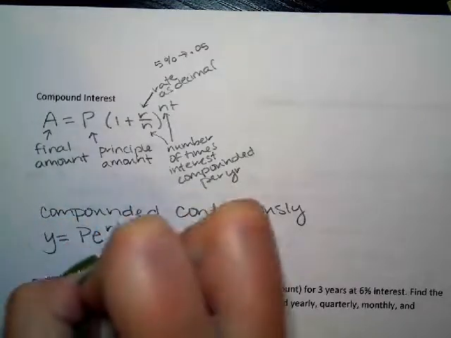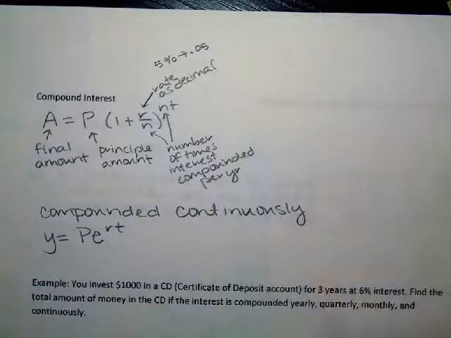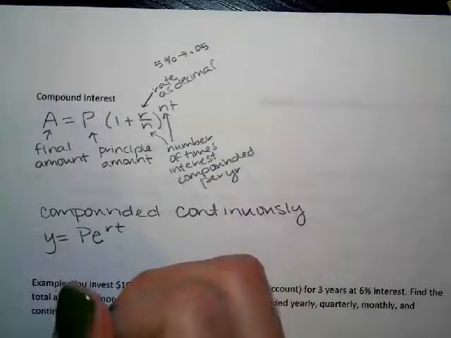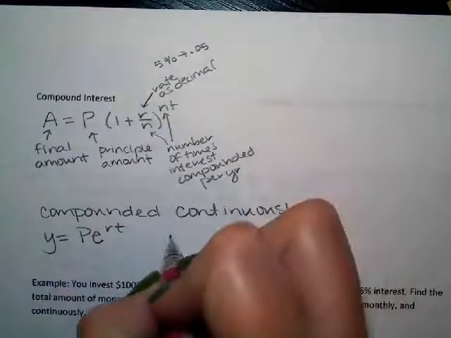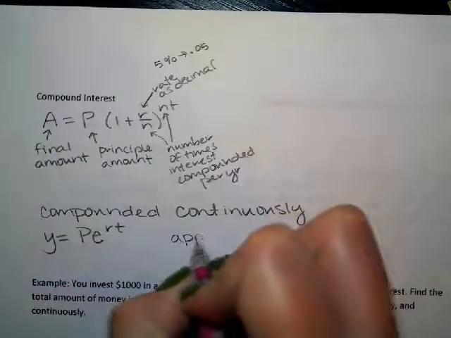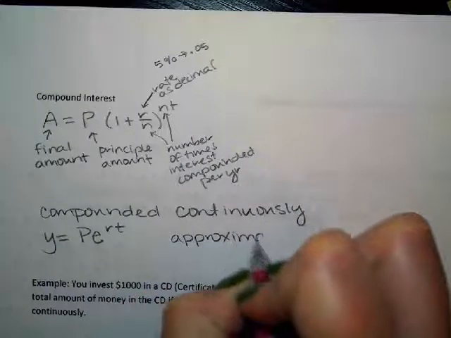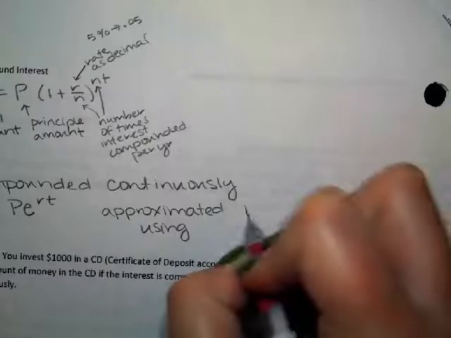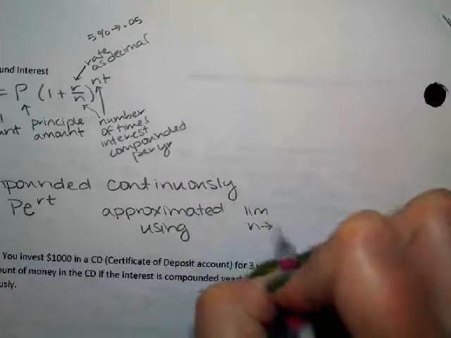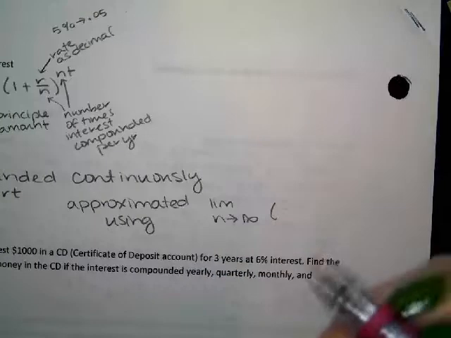And PERT can be estimated, approximated, using the limit as n goes to infinity of 1 plus r over n to the nt.